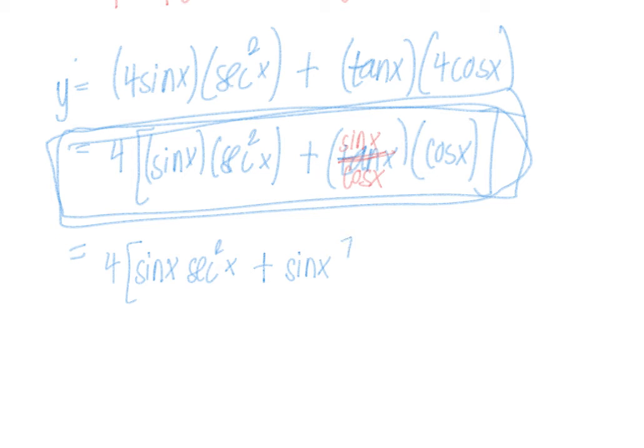And now, look, now I even have another thing that I can pull out. I can pull out the sine of x, and I'm left with the secant squared x plus 1.